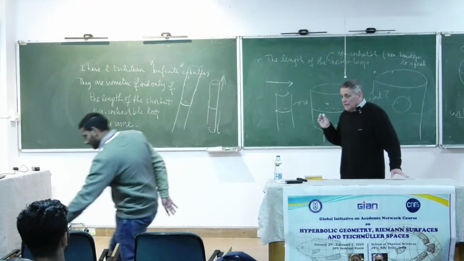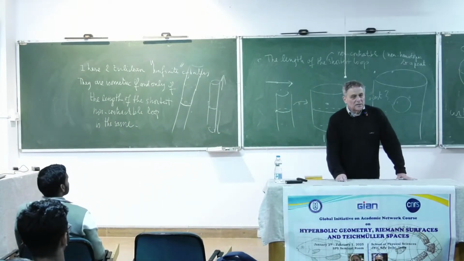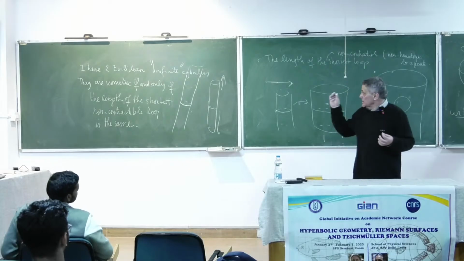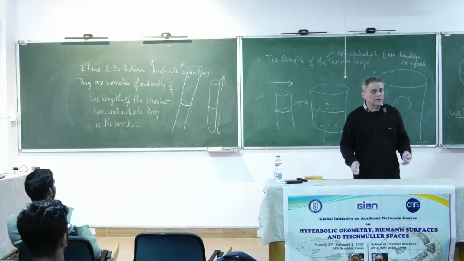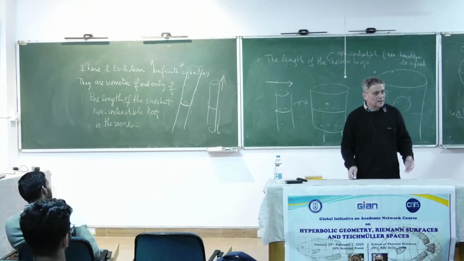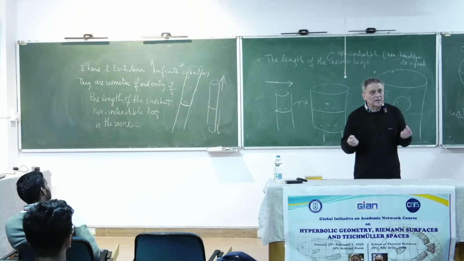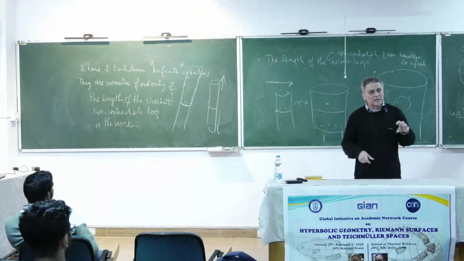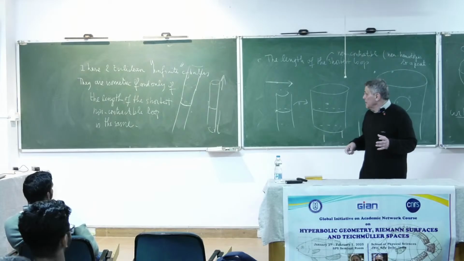So I mentioned the word Teichmüller space several times. What is the dimension of the Teichmüller space of this Euclidean cylinder? It's only one. There's only one real parameter that can distinguish bi-infinite cylinders.